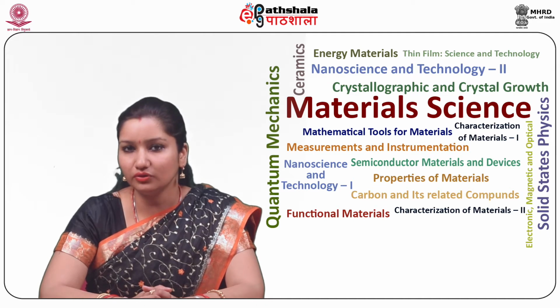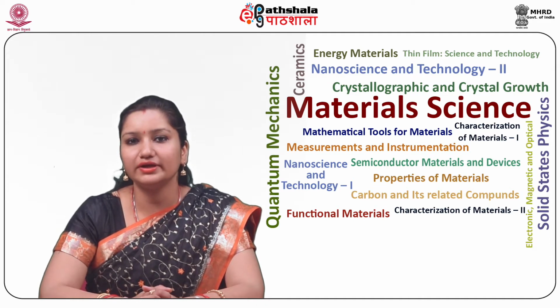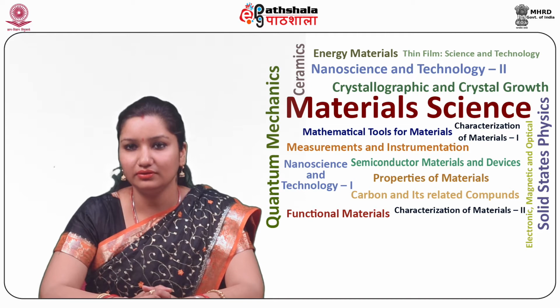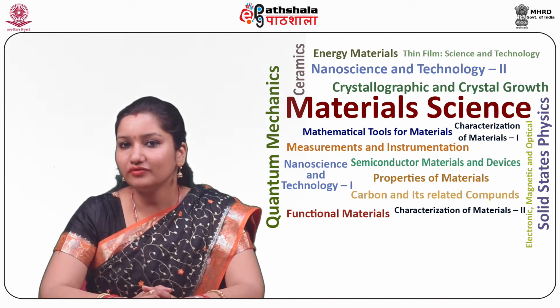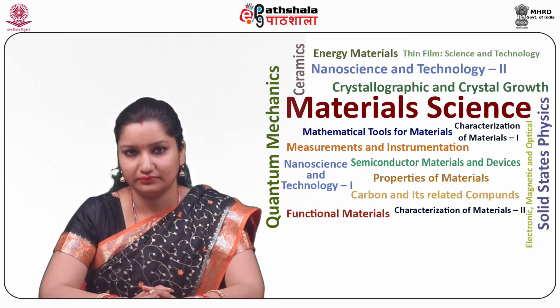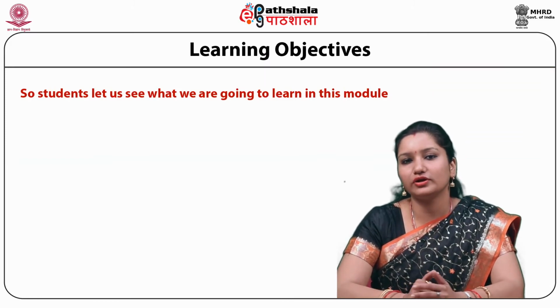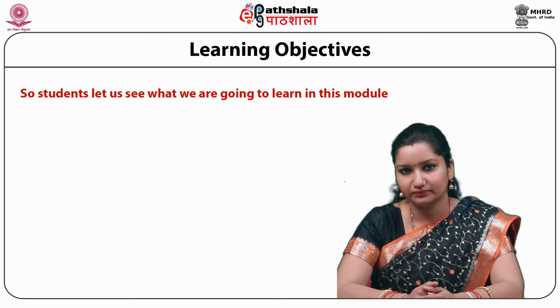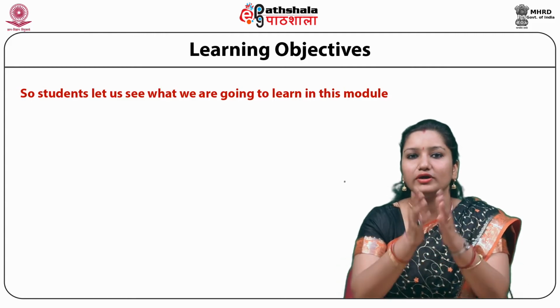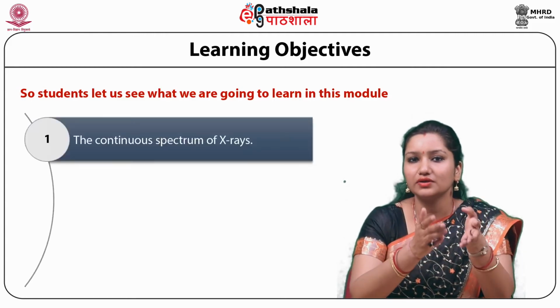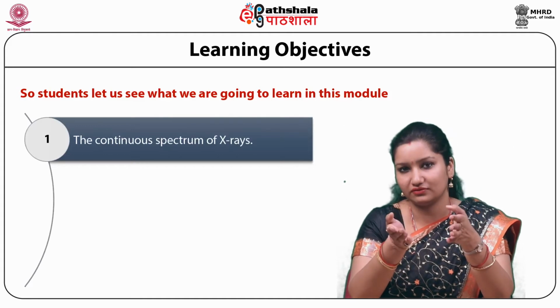Today we are going to talk on module X-ray diffraction part 1 under the paper Thin Film Science and Technology. So students, let us see what we are going to learn in this module. First of all, we are going to see about the continuous spectrum of X-rays.